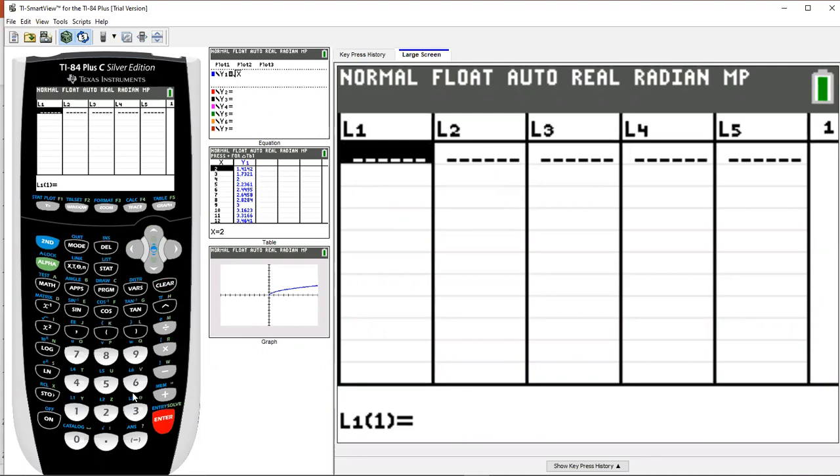So the first list is just 0, 1, 2, 3, 4, 5. That's the number of possible tournaments that our friend Bob can win.